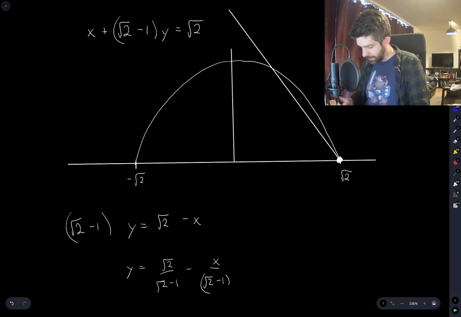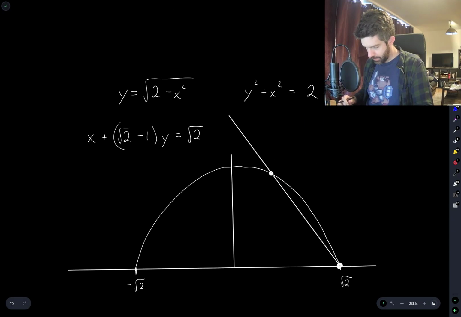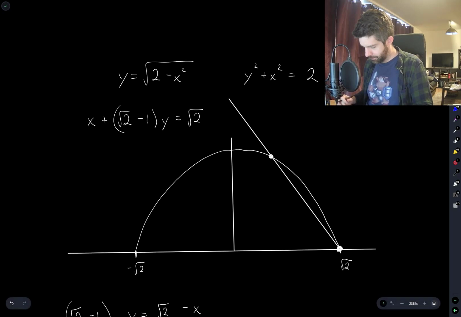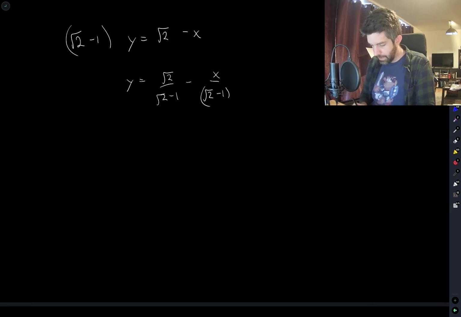So what I want to find now is that intersection point. What would be the best way to do this? Maybe just setting the two values of y equal to each other. So I have y is equal to the root of 2 minus x squared.